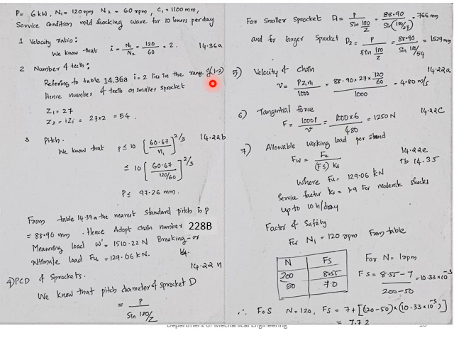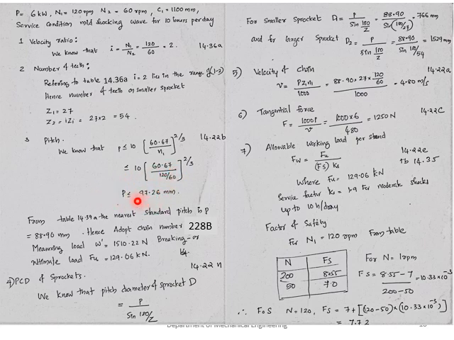For our design we will select the number of teeth in the smaller sprocket as Z1 equal to 27, and Z2 is equal to I into Z1, so 27 into 2 equal to 54. Then find the value of pitch using equation 14.22b, where the value of N1 is given in revolutions per second. Substitute the value of N1 in revolutions per second and find the value of pitch.